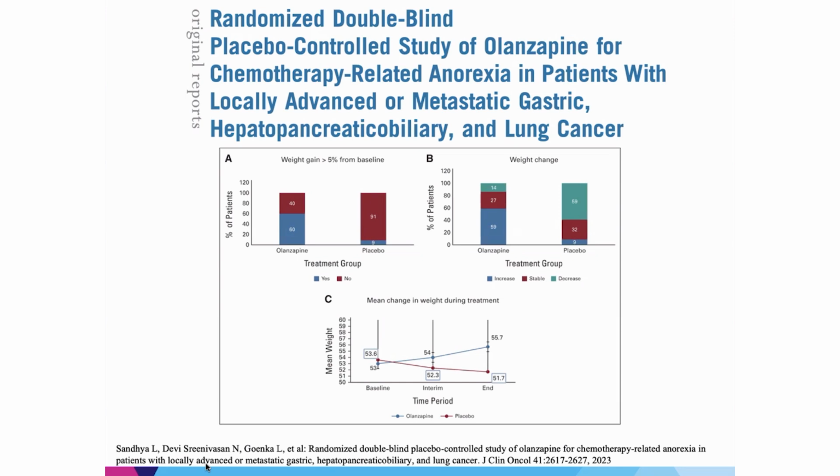In these patients that had cancer and were getting treatment, you can see that more patients gained greater than 5% weight from baseline in the olanzapine versus the placebo group. It was 60 versus 9%. And fewer patients lost weight in the olanzapine group. It was 14% lost weight versus 59% in the placebo group.